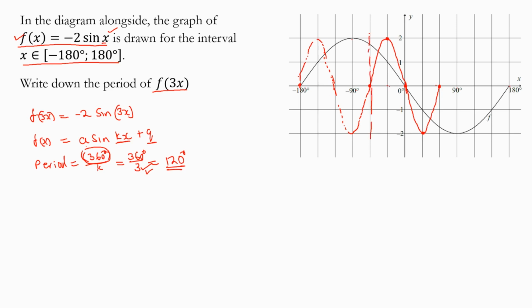Again, from negative 180 degrees to negative 60 is 120 also. Even here we can extend it. It goes on. After every 120 degrees, the graph repeats itself. So that's the period of the graph there.